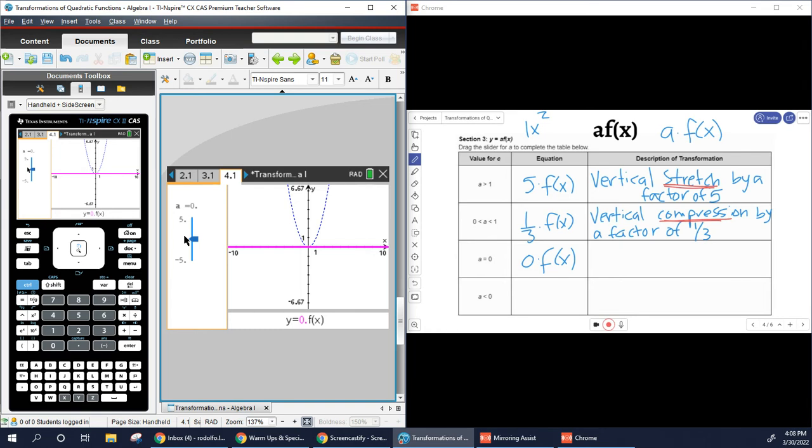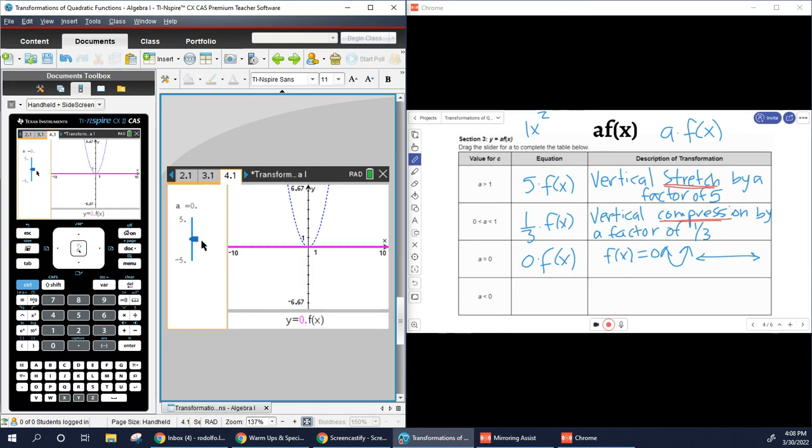So the function just equals 0. If you multiply by 0, the answer is just 0. So it changes shape completely, right? It goes from being a parabola to just being a horizontal line. That's what ends up happening. Okay, and here we have 0 times f of x.